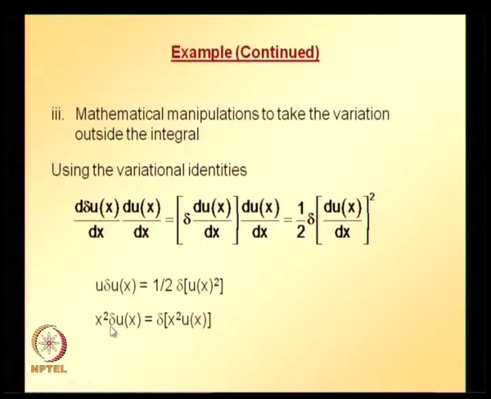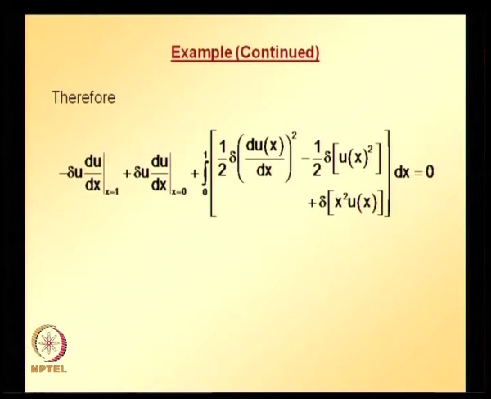And x square times variation of u: x acts like a constant, it is not a function of any of the coefficients, so it can be written as variation of x square u. Using these variational identities, the earlier equation can be rewritten in this manner.